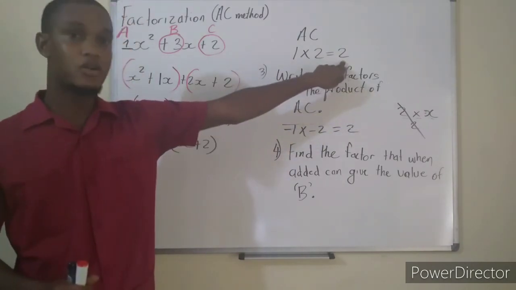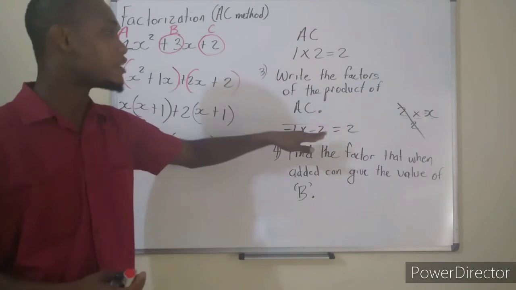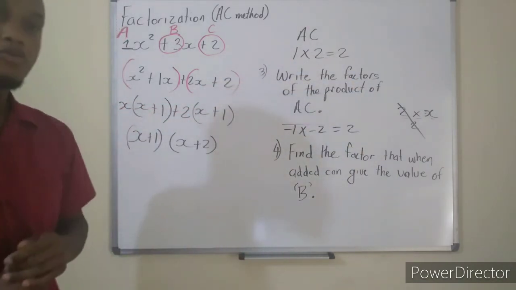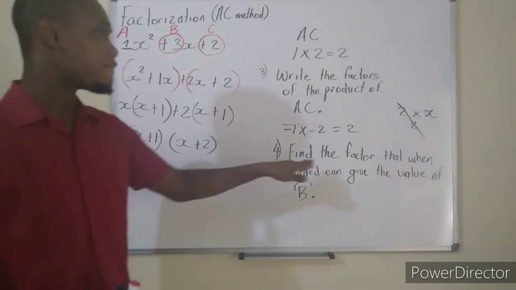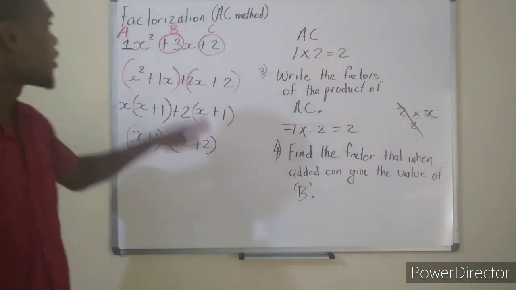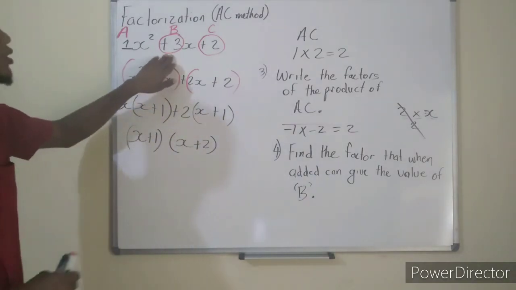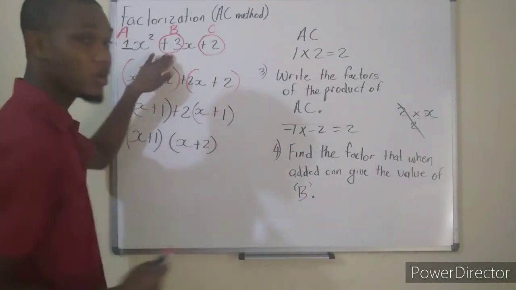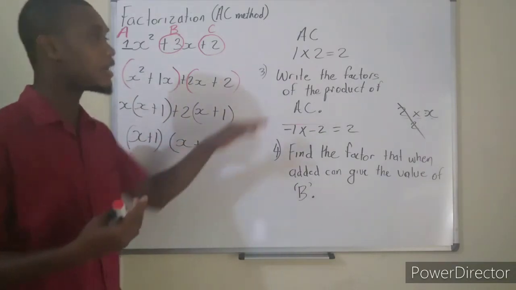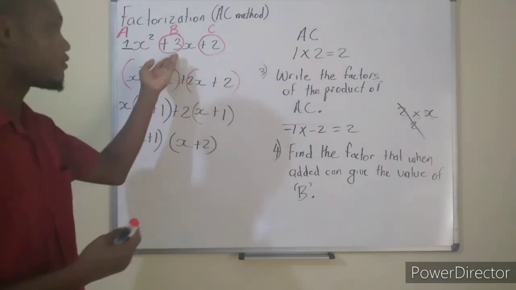Whatever your value is, you write out the various factors that can give you that value. Then you move on to step 4: find the factors that when added give the value of B. So you look at the factors that you wrote out and see which of them can be added together to get that value.